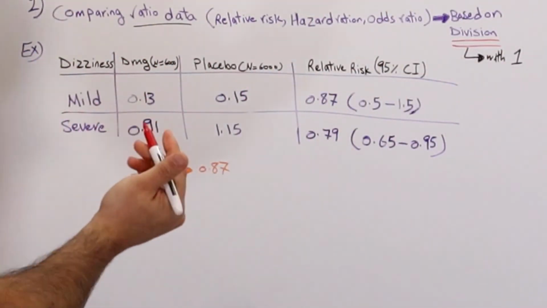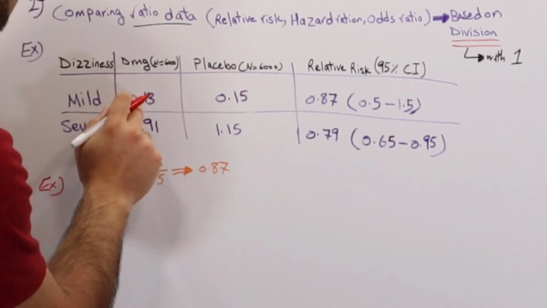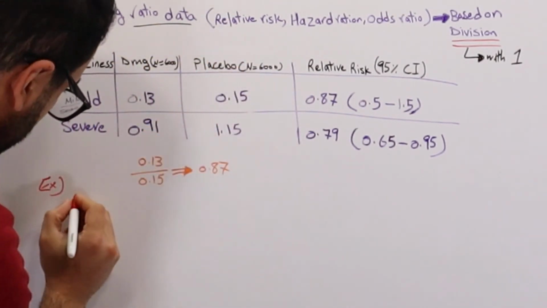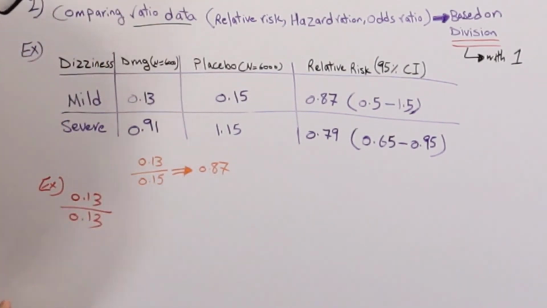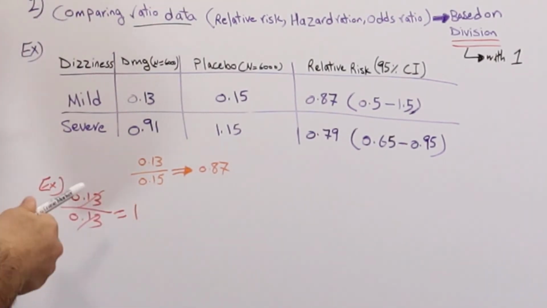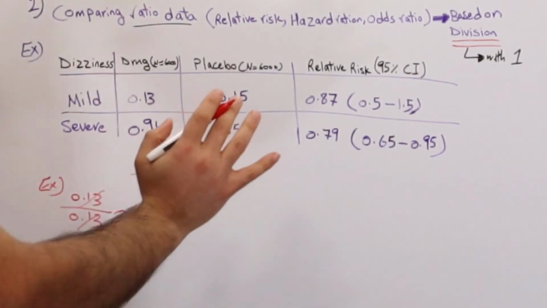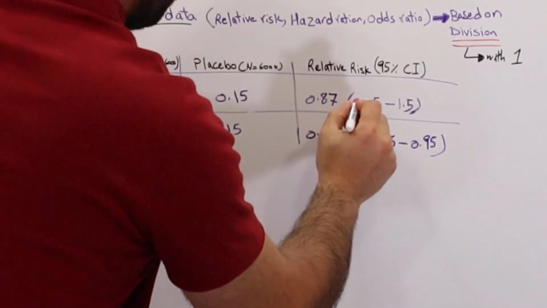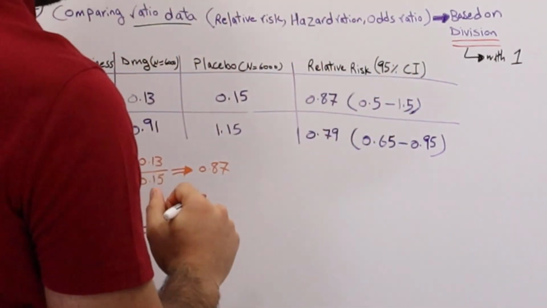If the drug was 0.13 and the placebo was also 0.13, then 0.13 divided by 0.13 is the same value, so the answer will be number 1 because there is no difference. This is the reason why number 1 is picked, because whenever I have number 1 in the range, this means that the statistical data is not significant.